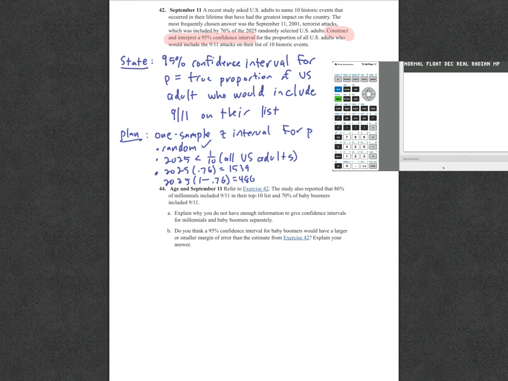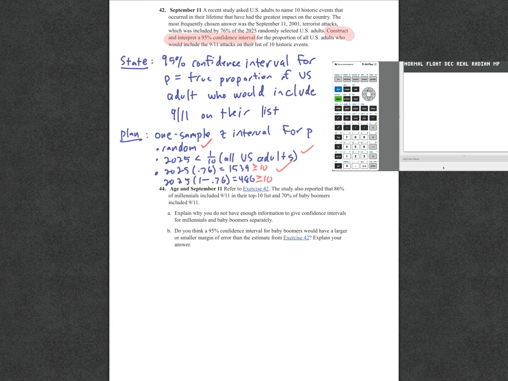Okay, but each of these are greater than or equal to 10. So that checks out for law of large counts.